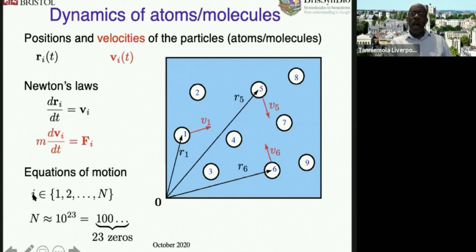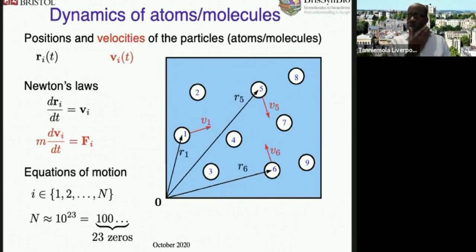And we're going to have i going from 1 to n, where n is the number of particles. Now if you think about the amount of water in a glass, that would have about 10 to the power 23 molecules of water. So that's 10 with 23 zeros. That's a huge number of particles.